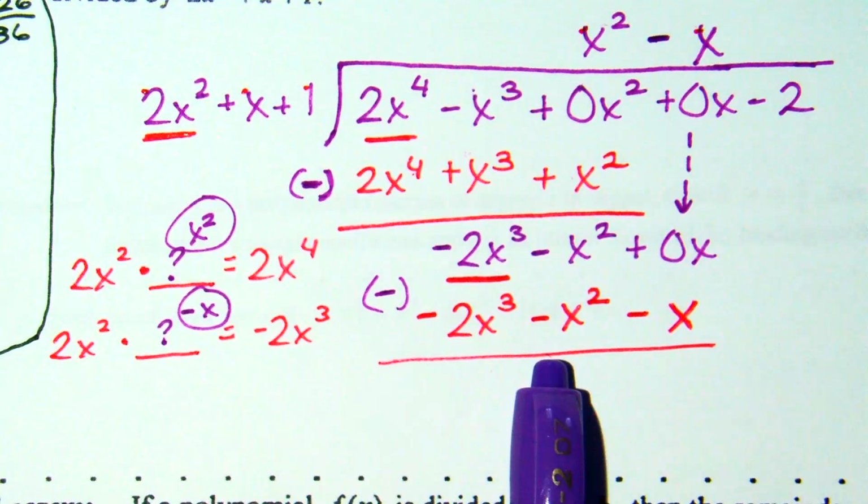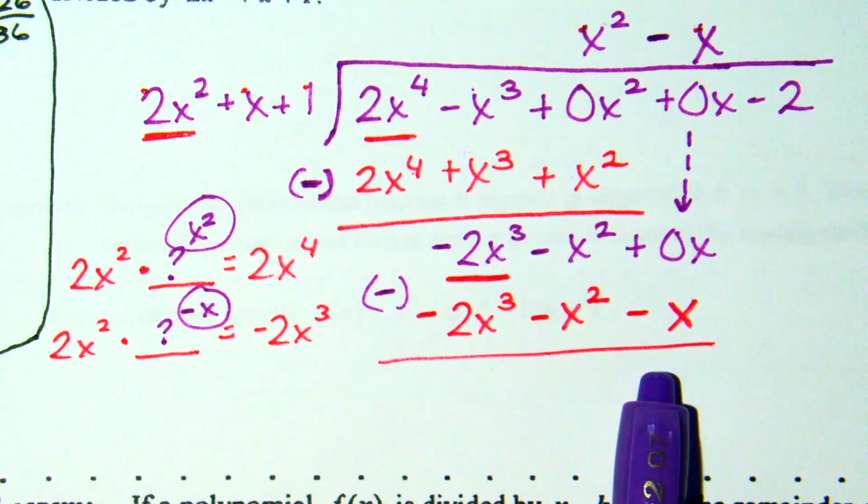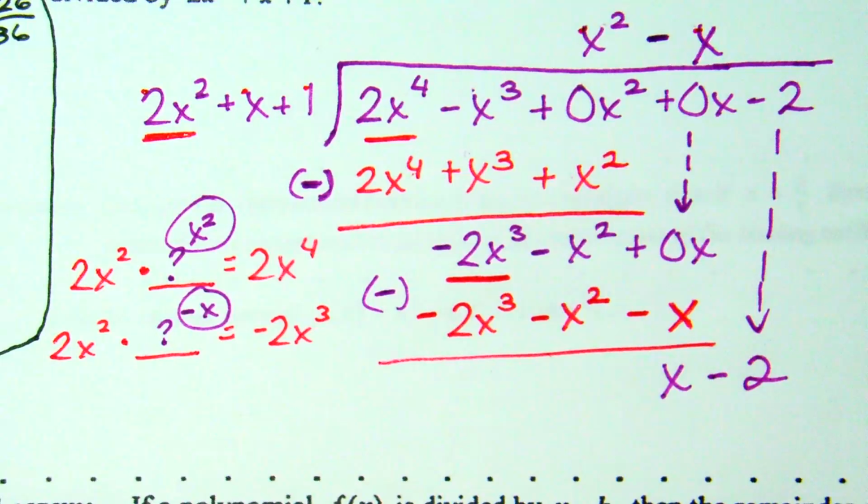That's just by luck. 0x minus negative x. Positive x. 0 minus negative 1 is positive x. And then what do we do? Drop down your next term, which is the minus 2.